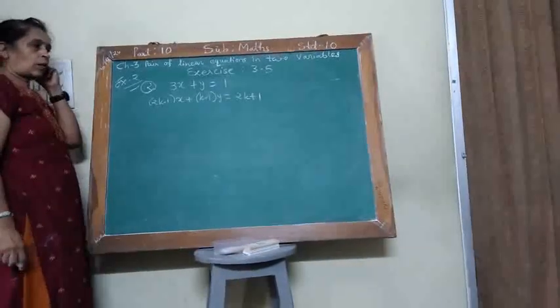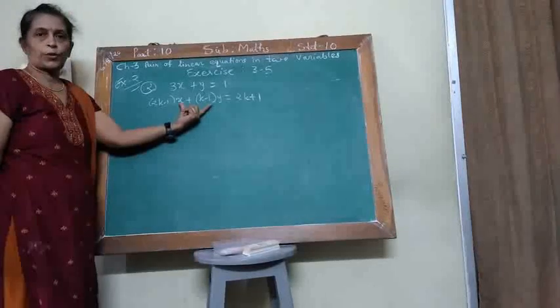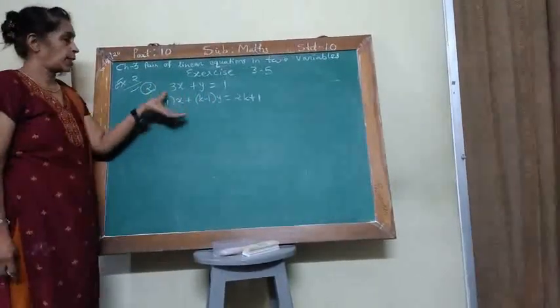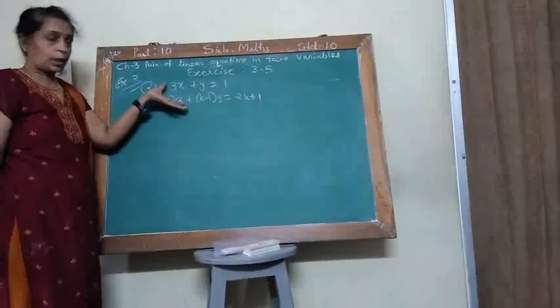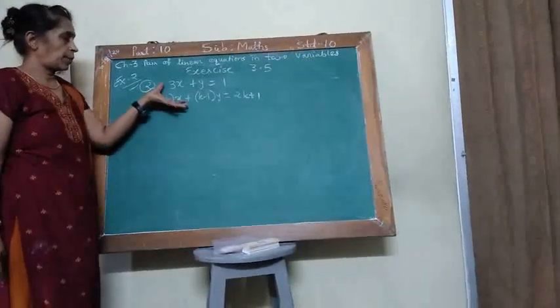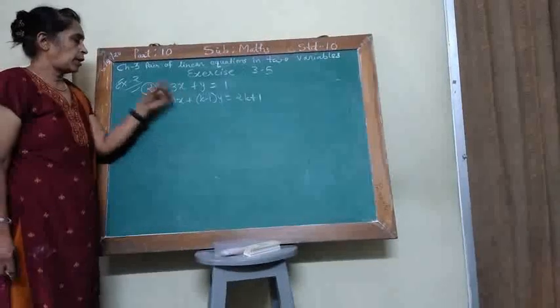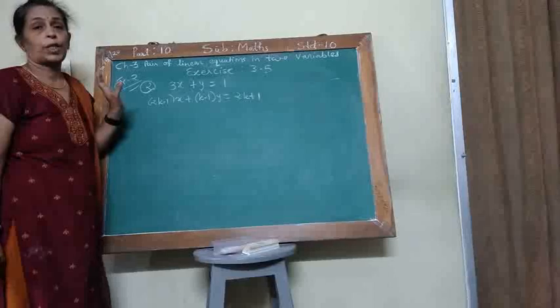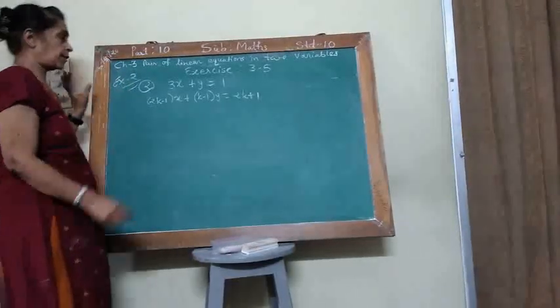So here also we have not to find solution of x and y. Only you have to find the value of k such that if you see the ratio, then A1 upon A2 equal to B1 upon B2 is not equal to C1 upon C2. Then third case.